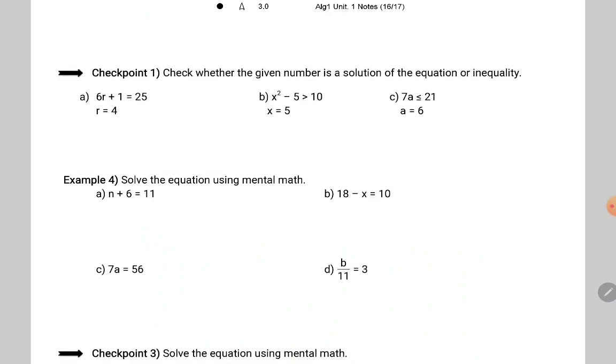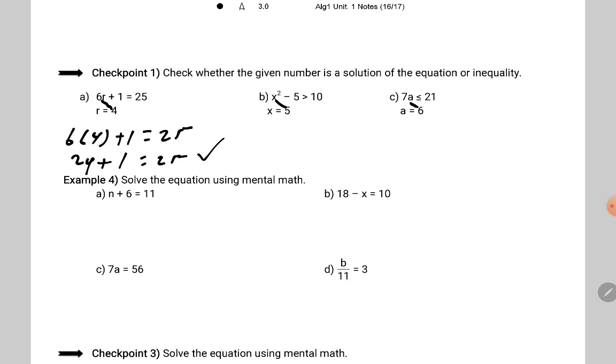Okay. Let's do some more. Check whether the given number is a solution to the equation or inequality. So r equals 4, plug it in for r. Here, we're going to plug in 5 for x, and plug in here a equals 6. Okay. So, first one, 6 times 4. When you're showing your work, I want to see you substitute the 4 in, so write the 4 in. Plus 1 equals 25. Does 24 plus 1 equal 25?